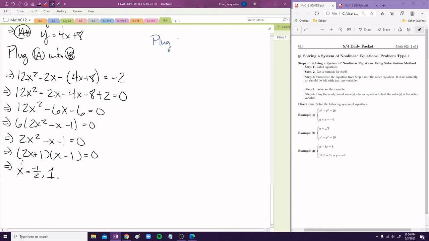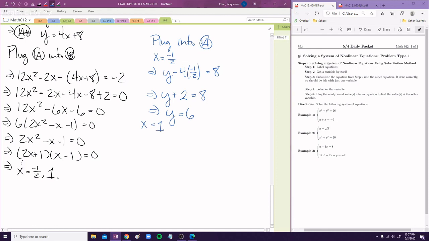So plug into A. With x is equal to negative 1/2, what do we get? We get y minus 4 times negative 1/2 equal to 8. So y, and then negative 4 times a negative 1/2, that's positive 2, equal to 8. So we get y is equal to 6, right?